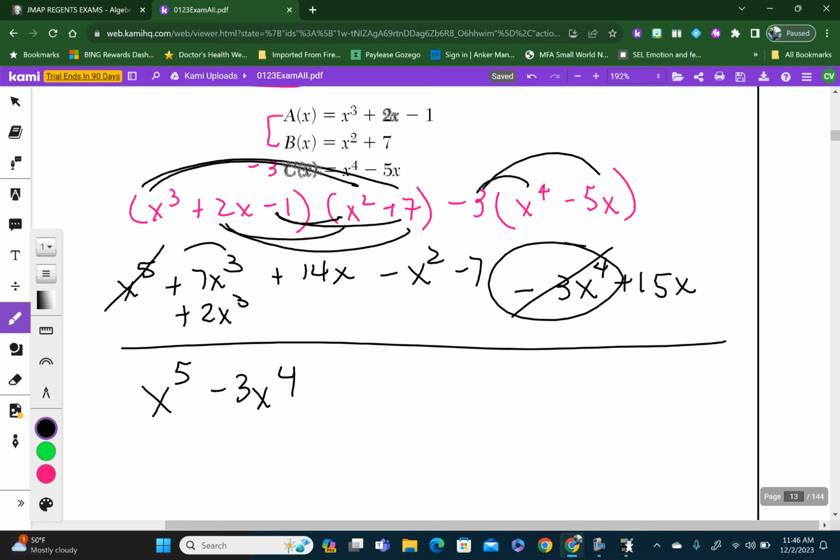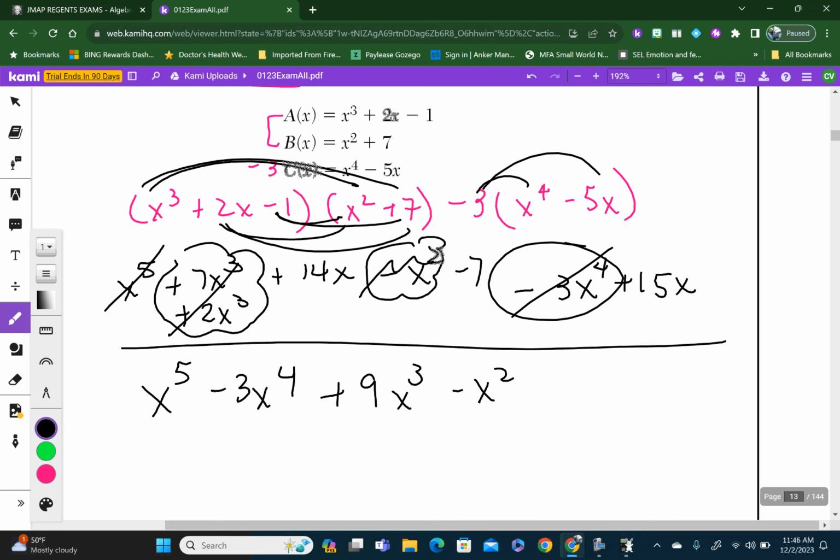So this is going to give me plus 9x to the third. And then I have my x squared term, the negative x squared, so I put negative x squared next. And then I put my x terms, so 14x plus 15x is going to be positive 29x, and then the number that's by itself is negative 7, so minus 7.